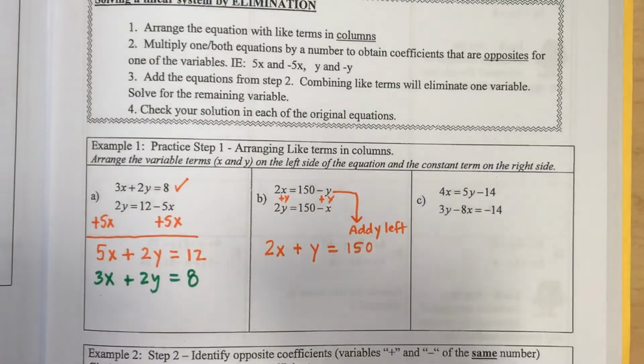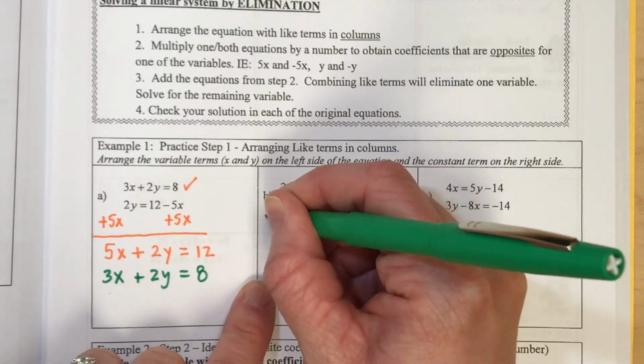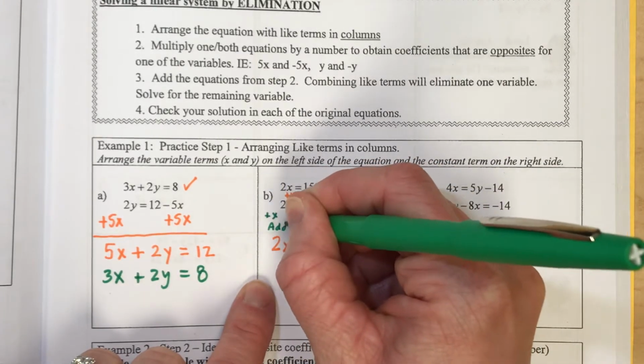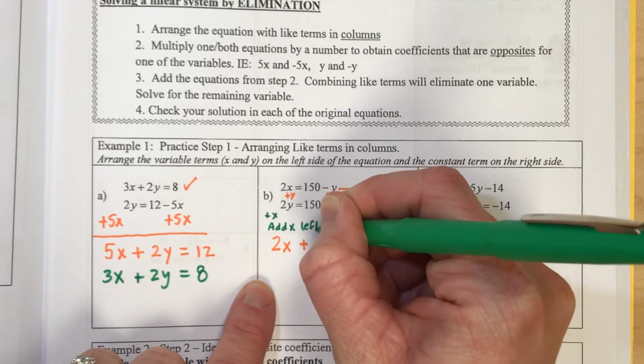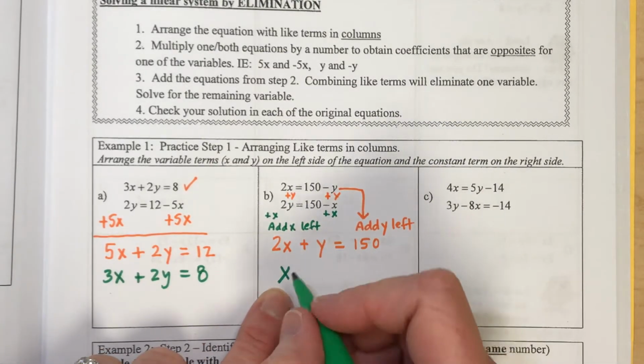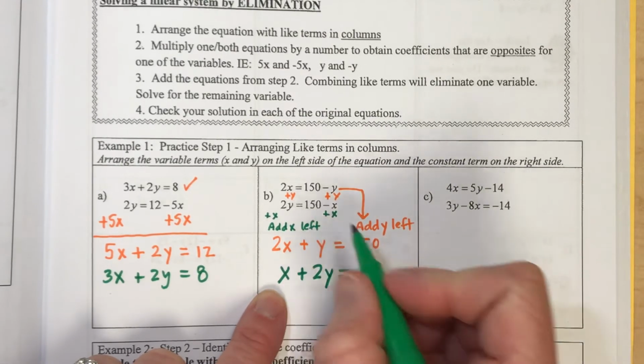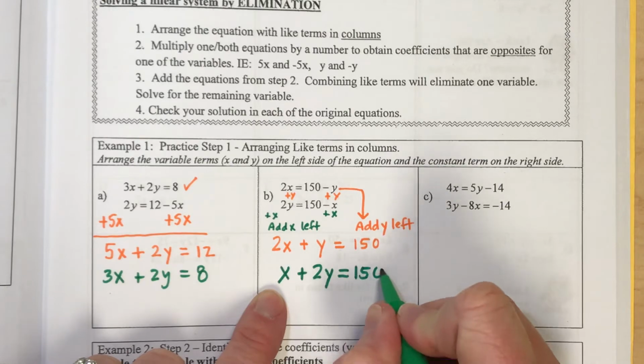And then for my second function, I want to add my x to the left. And then in that function, I'll have my x out in the front that I moved to the left side of the equal sign, plus the 2y that was already there, and that will equal 150.